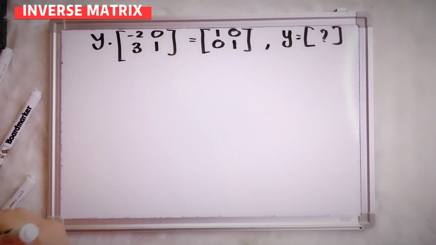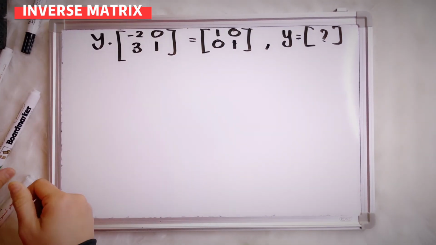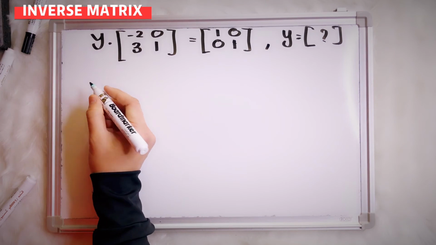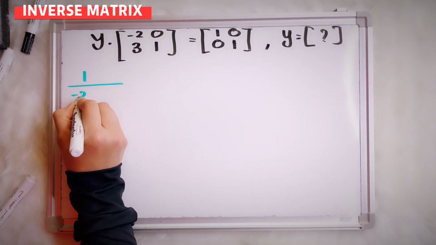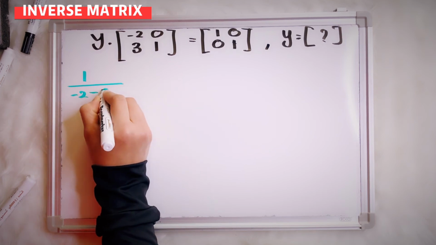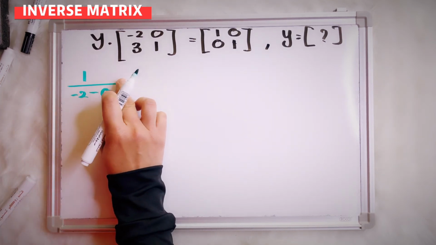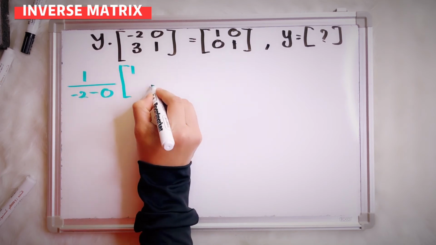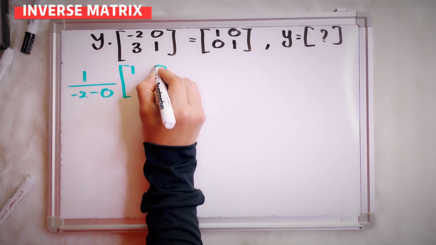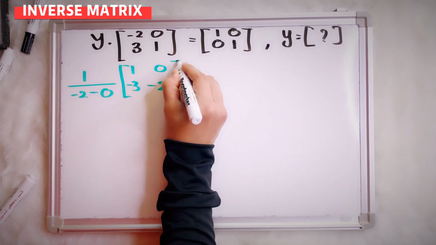Okay? So that means we have to take from here. Okay? So now 1 over negative 2 minus 0. So definitely here is negative 2. Okay? So here you switch 1, negative 2, 0, negative 3. Okay?